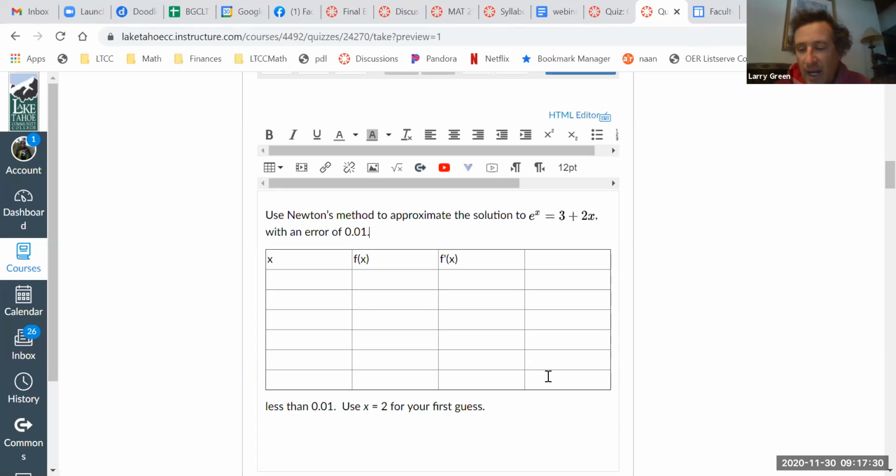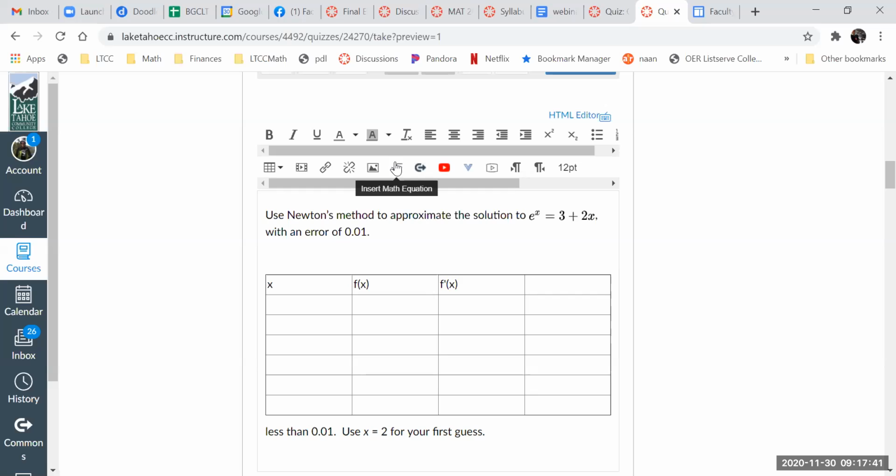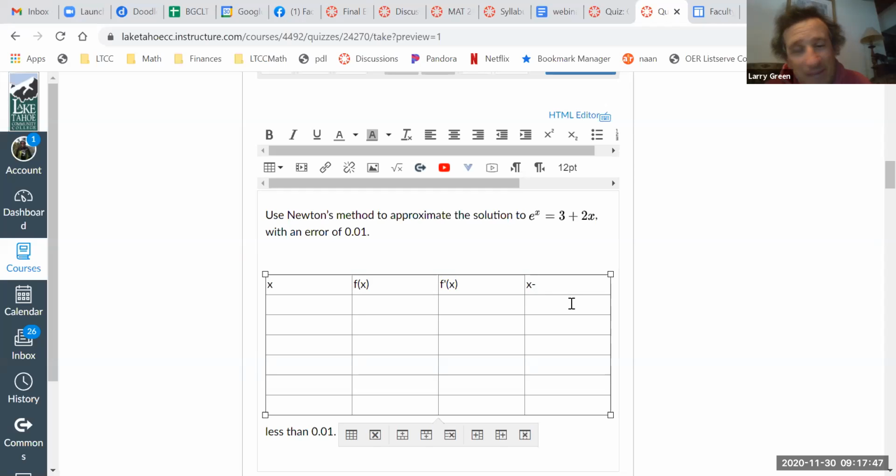You either have to have all subscript n's or no subscript n's. I'm going to do no subscript n's because it's easier to type, but that's up to you. Any questions on that?